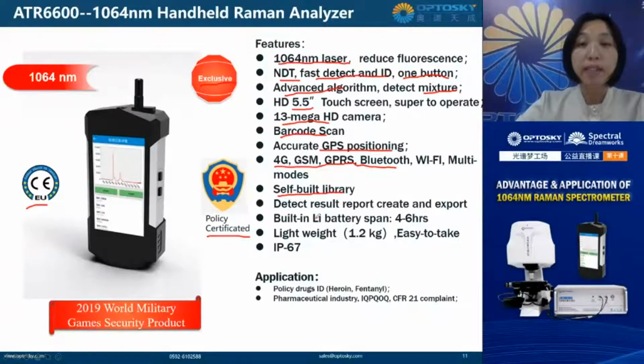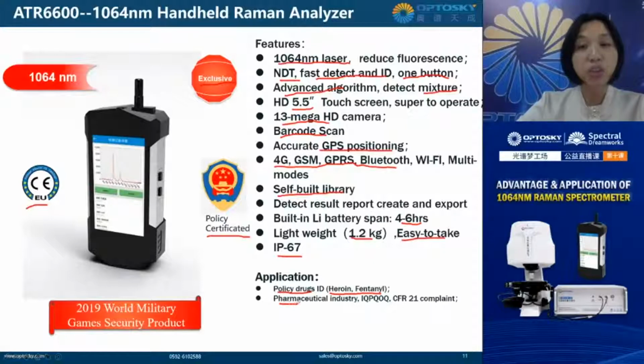You can build in the factory library, and it's also lightweight. It's only 1.2 kilograms, and also easy to take anywhere. We have IP67, and it applies to many applications, like police narcotics drug identification, like heroin and fentanyls.